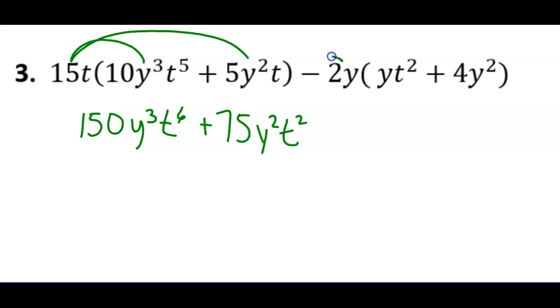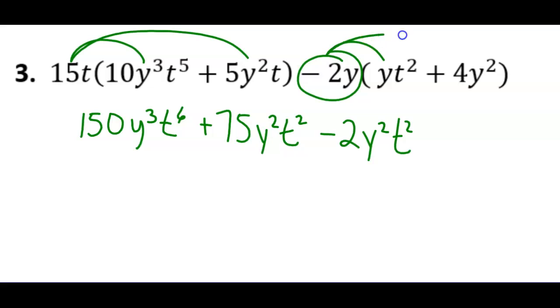Now, we're going to multiply this negative 2y. Don't forget that negative. So negative 2y times y squared t squared is going to give me negative 2y squared. And then my t squared is going to come with. And then my negative 2y times 4y squared is going to give me negative 8 if I multiply that, and y cubed.